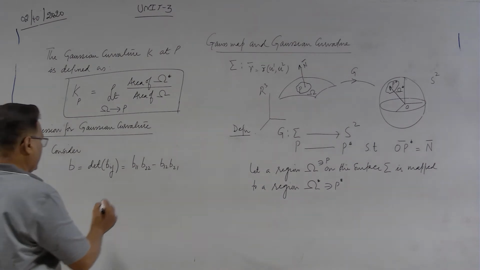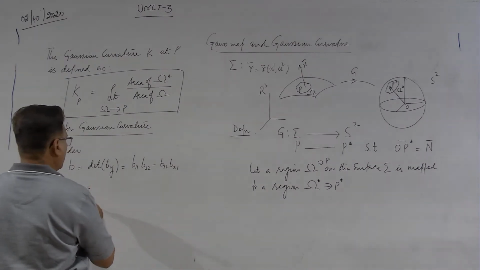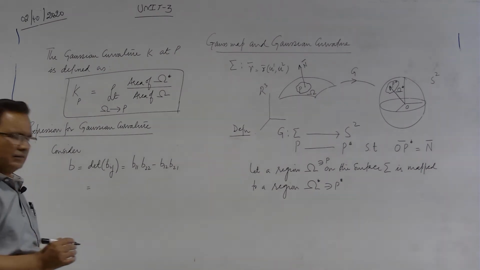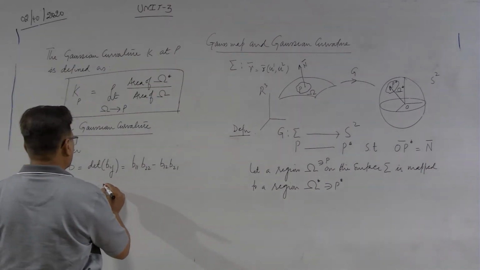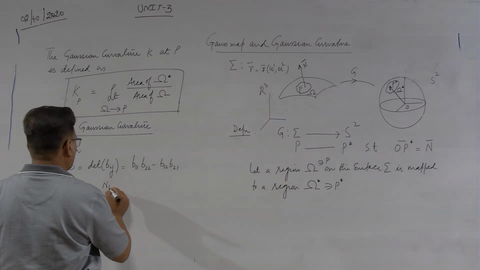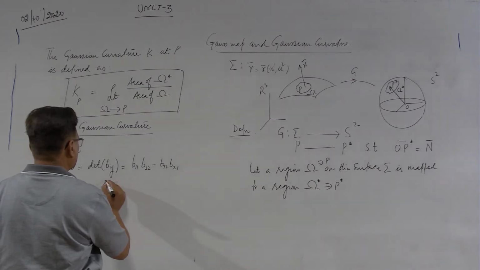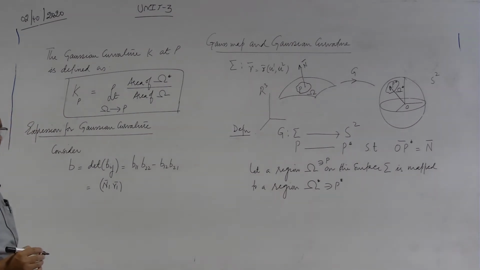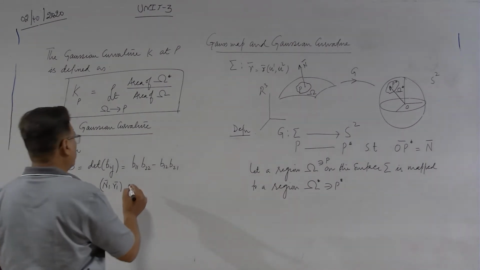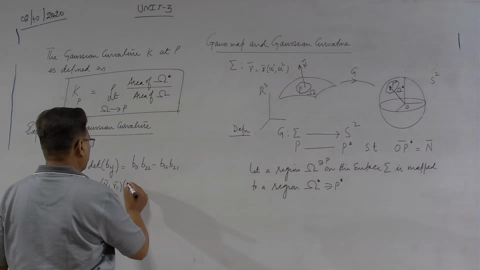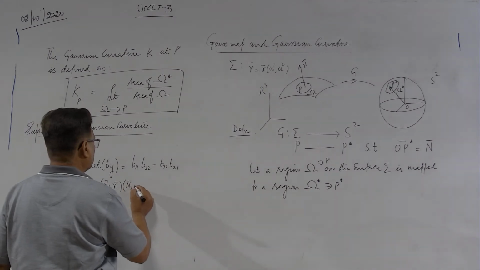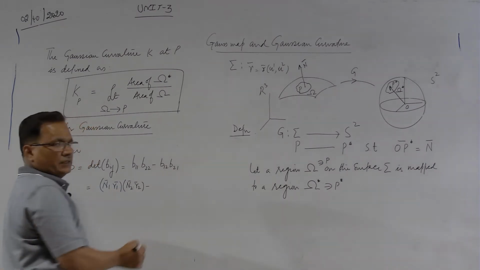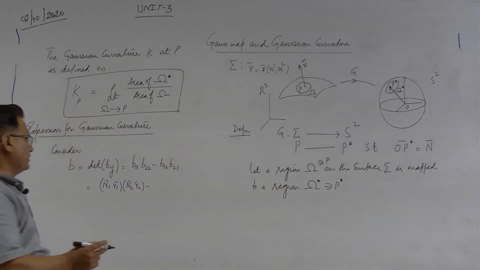Let me simplify it. B11 is minus n1 dot r1. Similarly, B22 will be minus n2 dot r2. So, minus minus plus. Here also minus in the second term will make it plus.